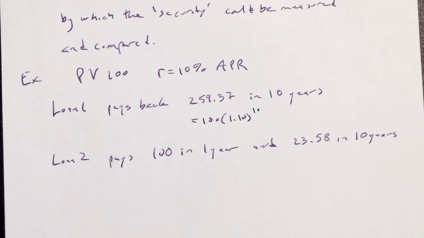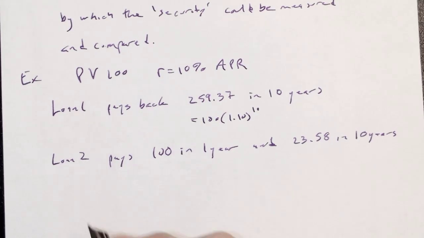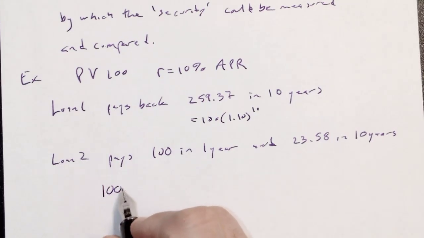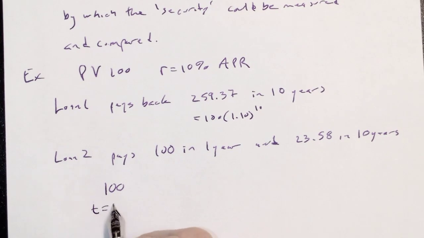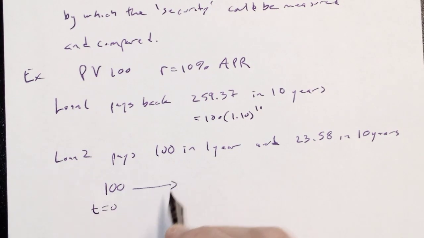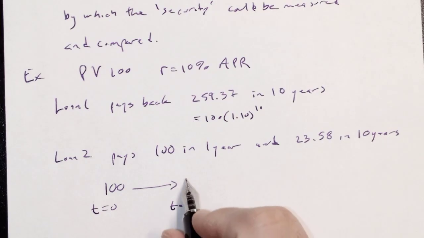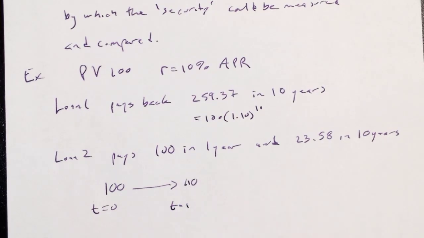Well, let's think about this. If I put $100 in the bank, if I make that loan right now, I give you $100 at 10%, what do you owe me at the end of 1 year? But you pay me 100. What's left behind?